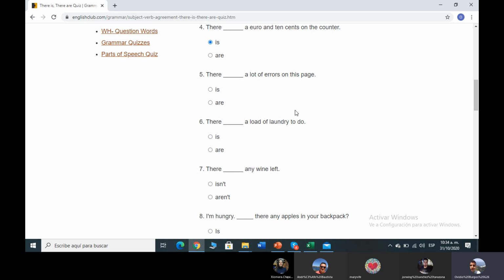Very good. Andres, for example, the number 5, what do you consider is the correct? Andres, can you read that for us? There are a lot of errors on this page. Yes, very good. There are, yes, a lot of errors, okay?